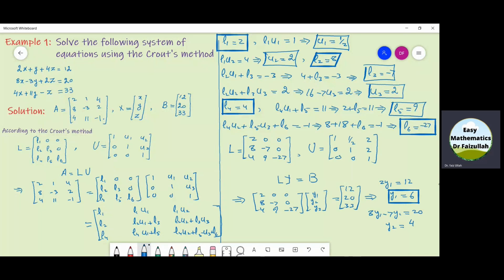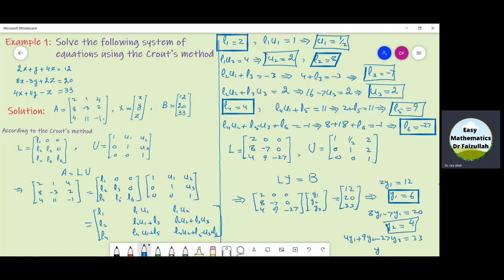And now from the last equation we have 4y1 plus 9y2 plus, minus 27y3, that is equal to 33.